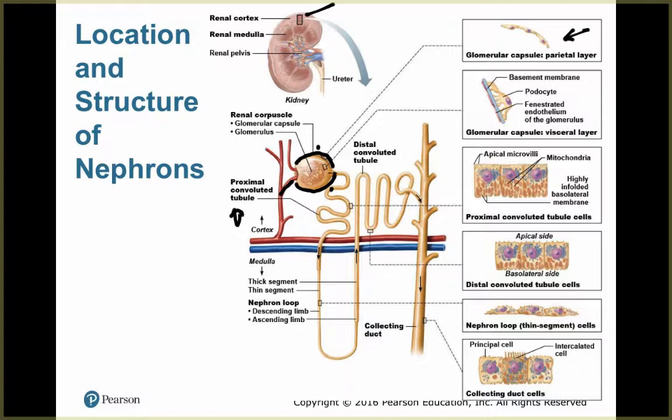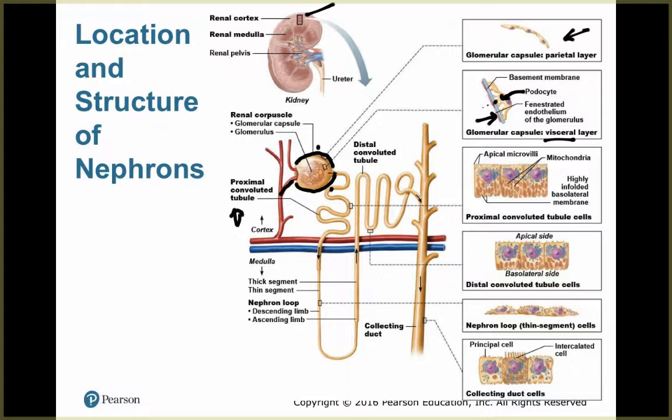But on the visceral side, towards the inside, you get those epithelial cells, and they're really, really thin, and these podocytes are on top of them. So we're going to get some of that filtrate going through those different layers.